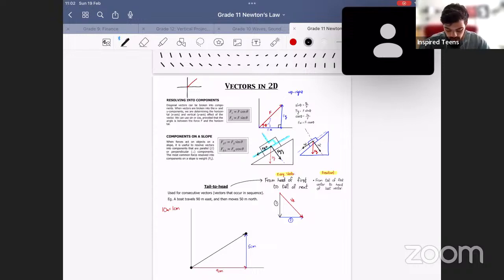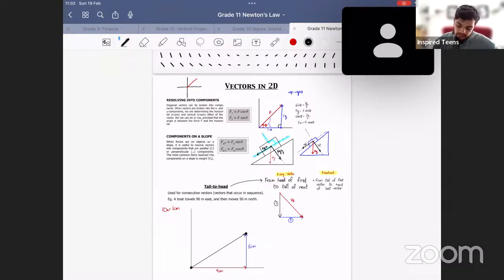So let's do a question where you're testing your understanding of vector components. This is an Eastern Cape November 2020 grade 11 final paper. A pulley system is used to keep a crate of mass m kg stationary, as shown in the diagram below.